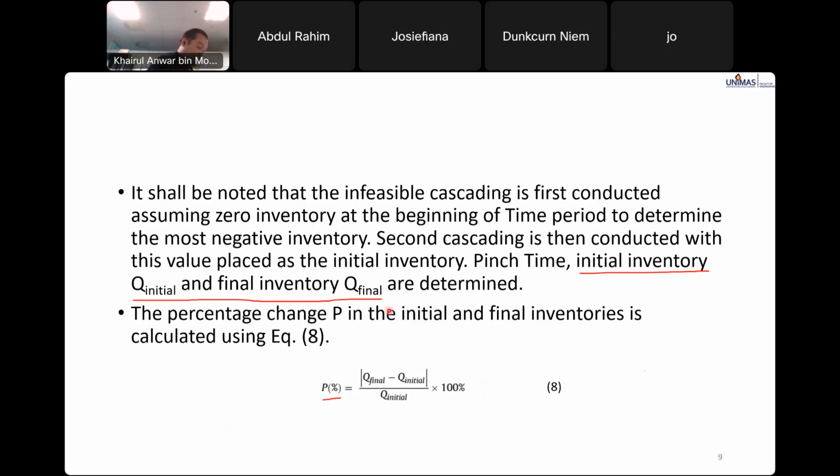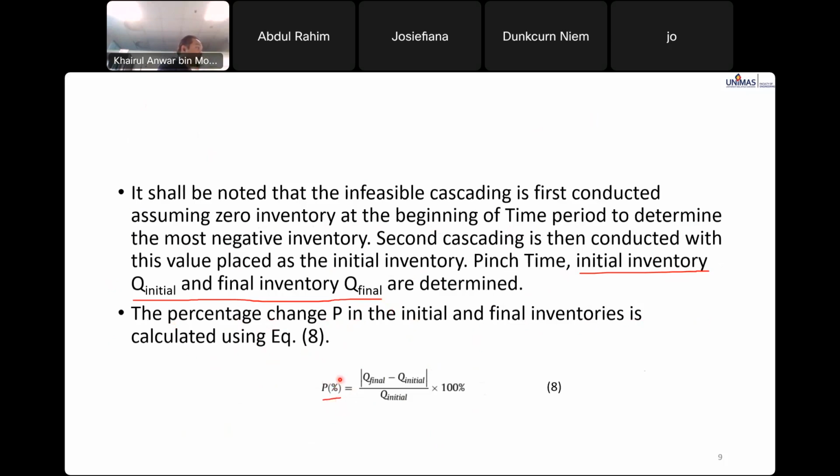And refer back, sorry. Then 508 from table 5 will be the second iteration. The percentage change P in the initial and final inventory is calculated using equation 8.